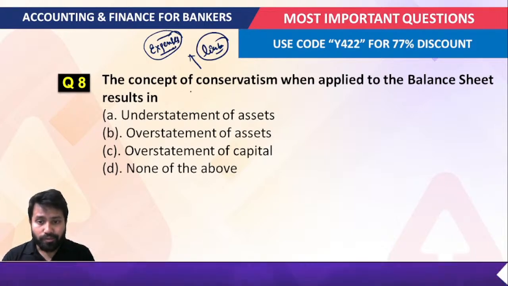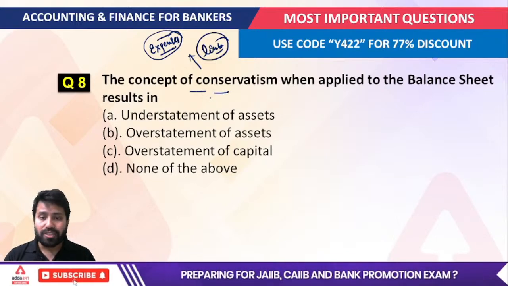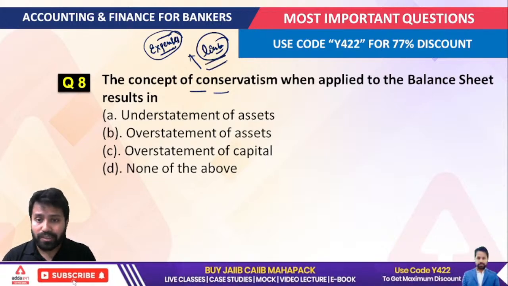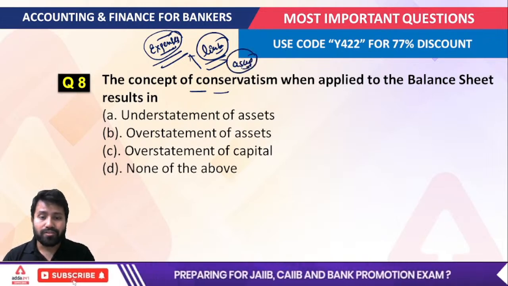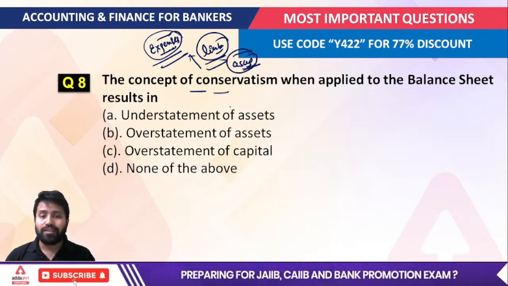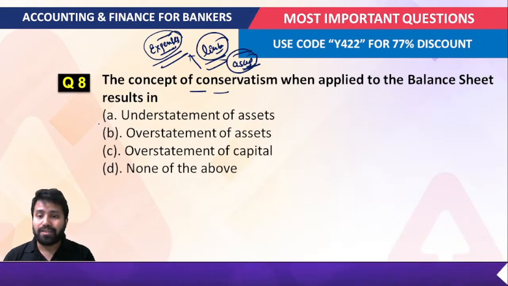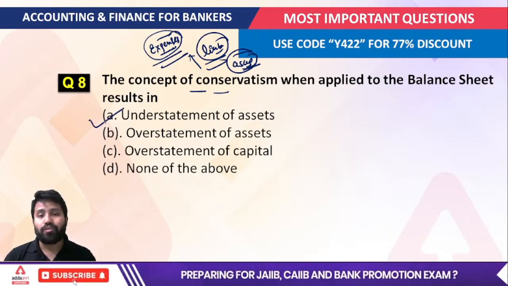So the concept of conservatism is that you should realize all your liabilities and expenses as soon as possible. When this rule is applied to the balance sheet, it explains the understatement of assets as well as the overstatement of liabilities.